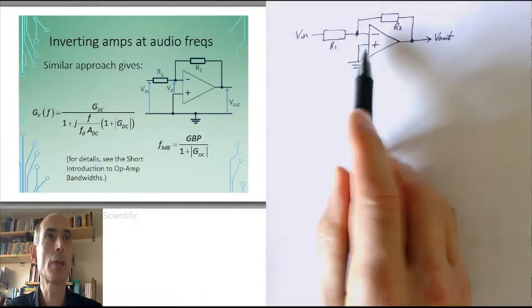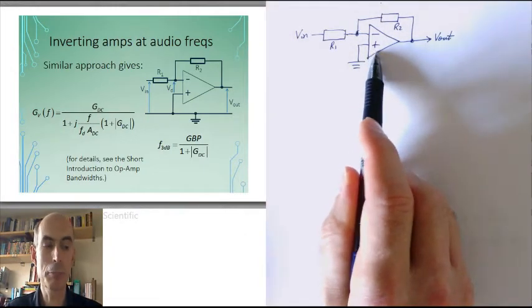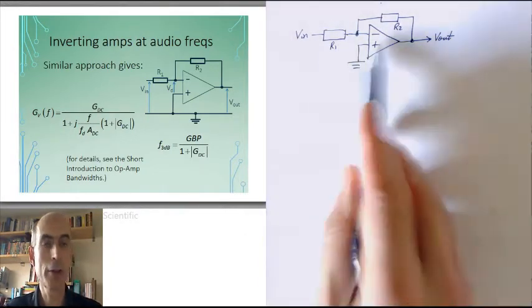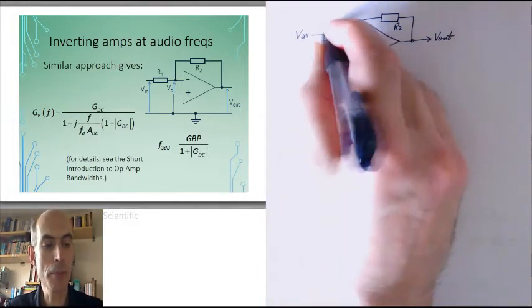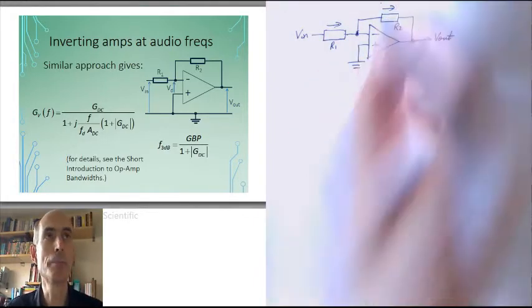Okay, this is a simple inverting amplifier, and we're going to start the analysis the same way we did when we were analysing it at low frequencies. We're going to look at the current through R1 and the current through R2.